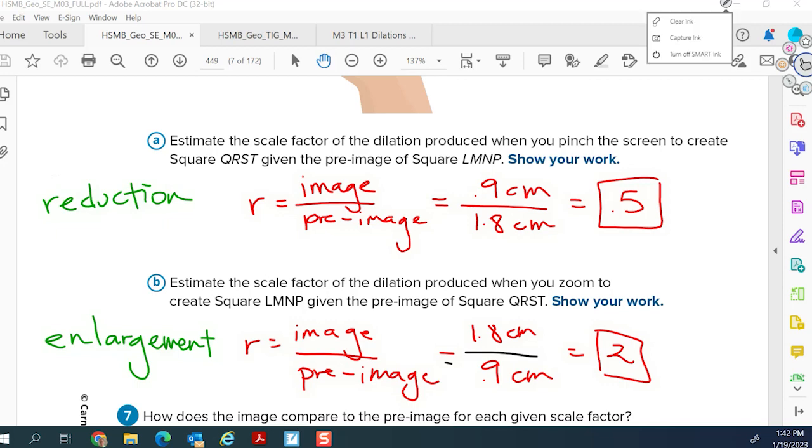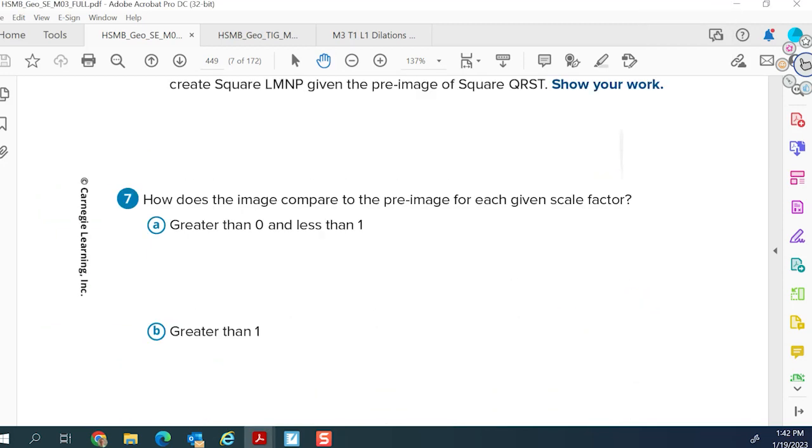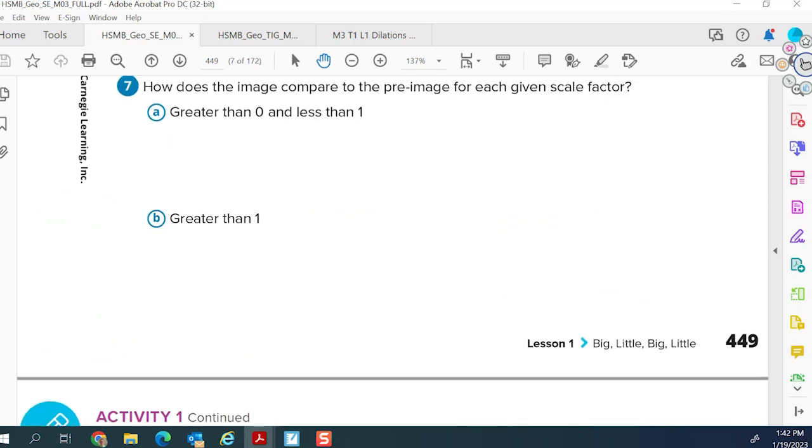So let me erase and scroll up. Number 7. How does the image compare to the pre-image for each given scale factor? If the scale factor is between 0 and 1, then what that's going to result in is a reduction. That's what happened for letter A. It got smaller.